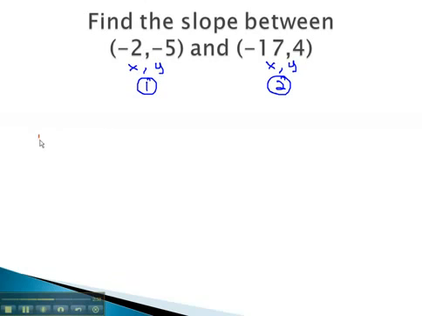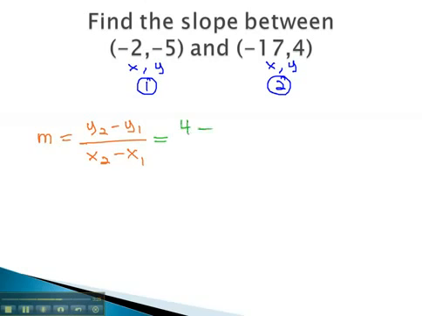So when we come to the equation, m is equal to y2 minus y1 over x2 minus x1, we simply have to plug in the points we found. y2 is the y from the second point. This would be 4.